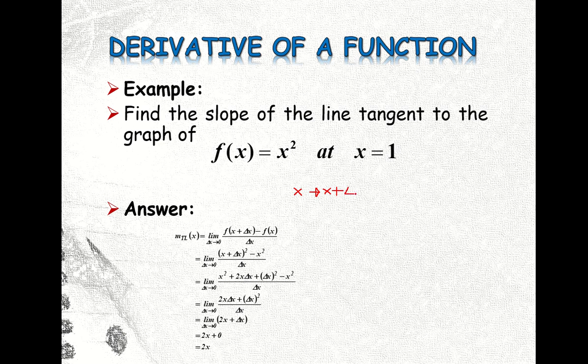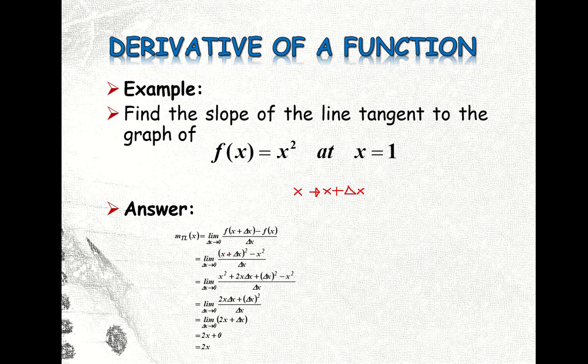In our previous example, class, we changed x to x plus h, but now, since this topic is about slope, we change x to x plus delta x and then substitute. We have the function x squared, so we have (x plus delta x) squared, minus f of x, which is x squared, then divided by delta x, the limit as delta x approaches 0.